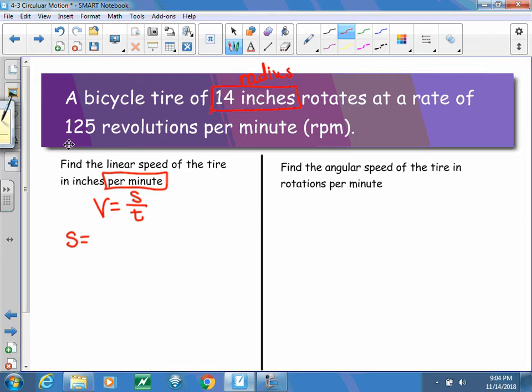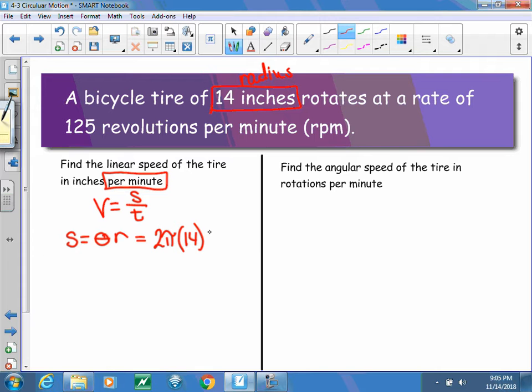If it makes 125 revolutions in 1 minute, I'm going to take theta times r. Our value of theta for one full revolution is 2 pi, and our radius is 14 inches, which gives an arc length of 28 pi for one revolution.